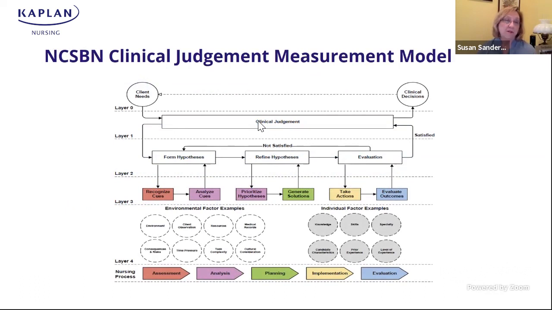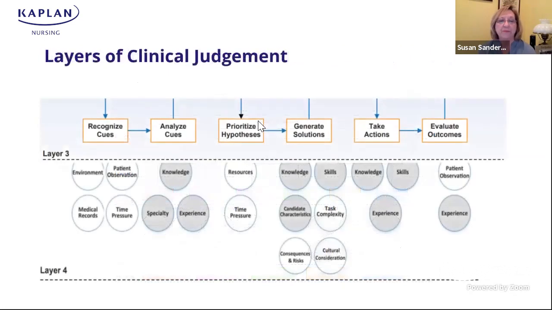The National Council also began sharing their clinical judgment model with us. Now, it is now known as the clinical judgment measurement model, and there are 4 layers to that. I think the important layers are 3 and 4, so I'm really going to speak to those 2 layers primarily. So layer 3 is what you've just heard about, recognizing cues, analyzing cues, etc. Those are the expected behaviors that we will see from the students, the novice nurses.